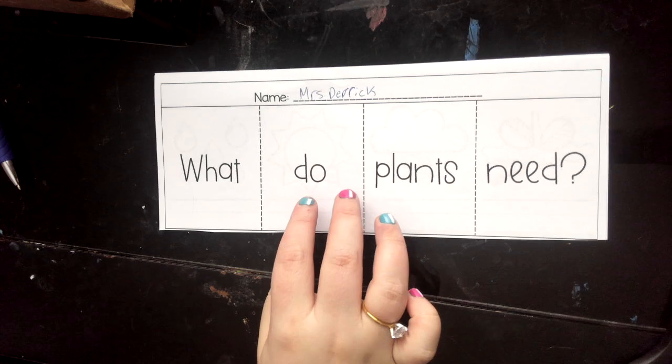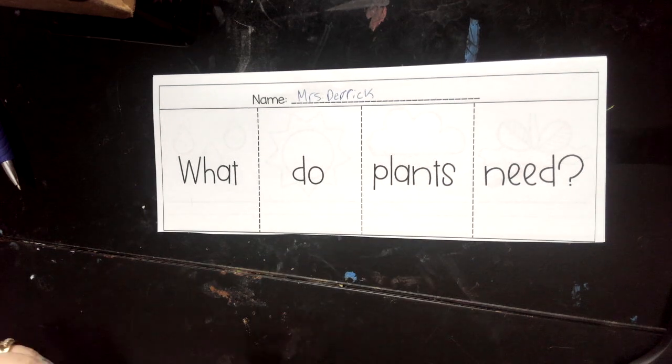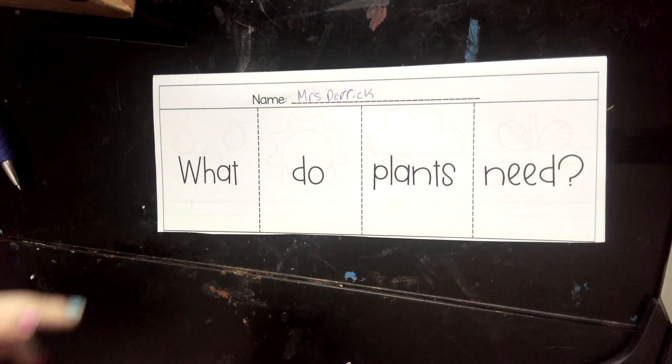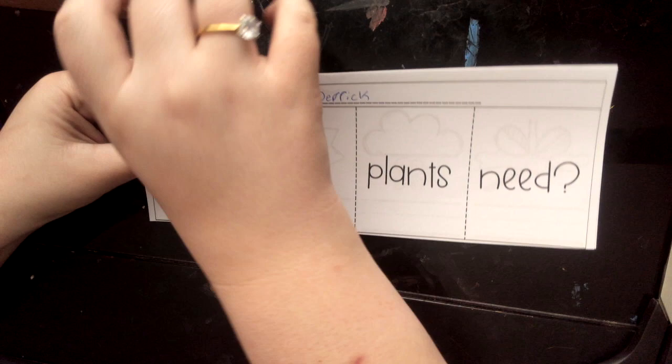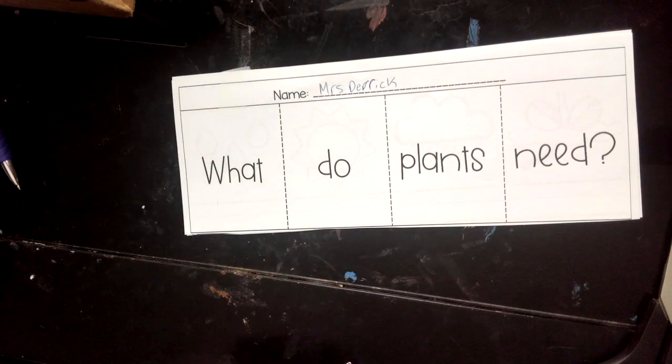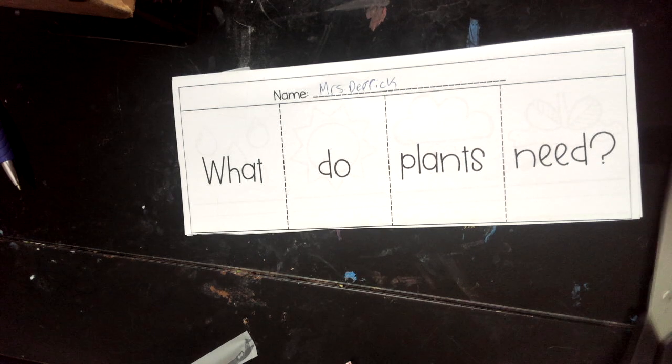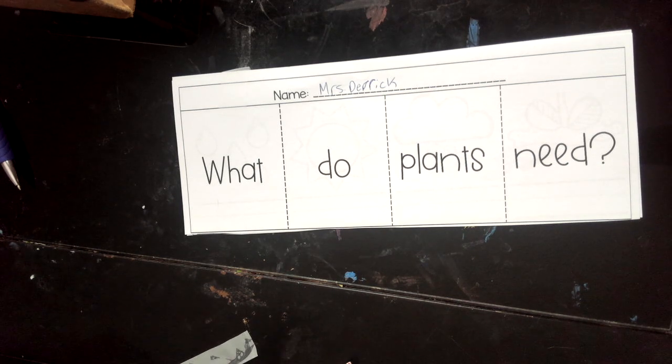Okay, so mine looks like this. Now what I'm going to do is tape the papers together, just so it doesn't fall apart when I'm looking at it.